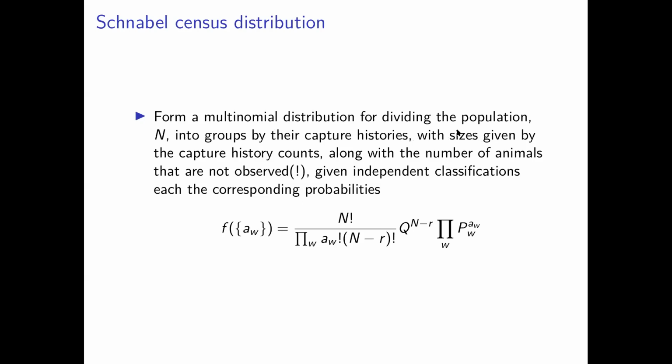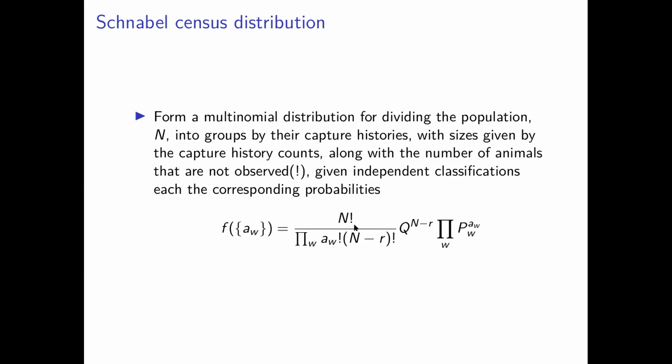The sizes of the groups are the number of each capture history that you've observed, and there's also the number of animals that are not observed. So that's the remaining n minus r. And of course there are independent classifications, and the corresponding probabilities are the capture history probabilities that we've calculated. So this is the multinomial distribution.